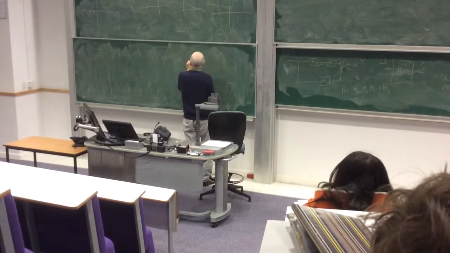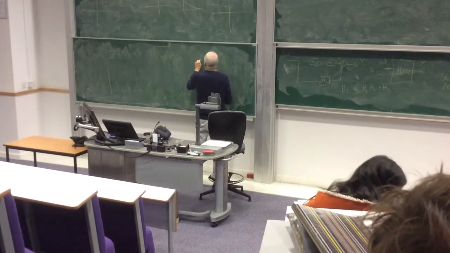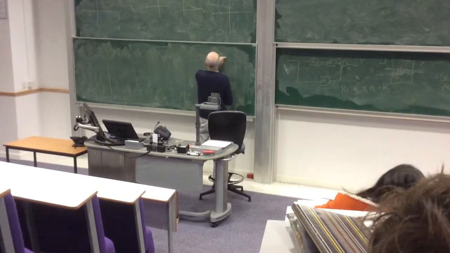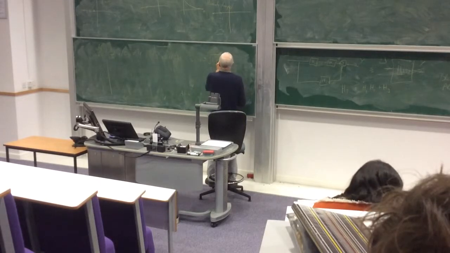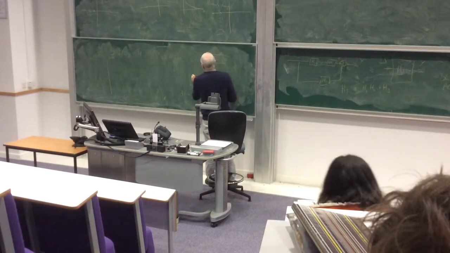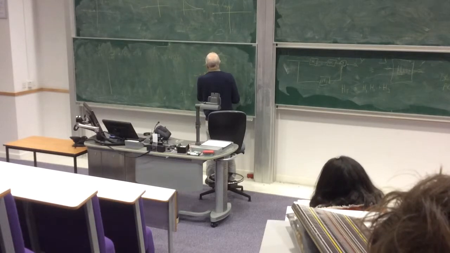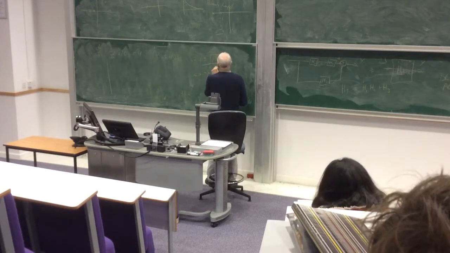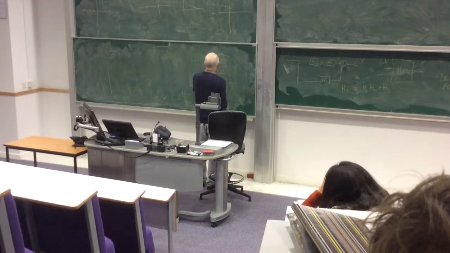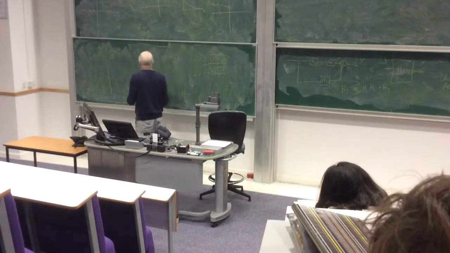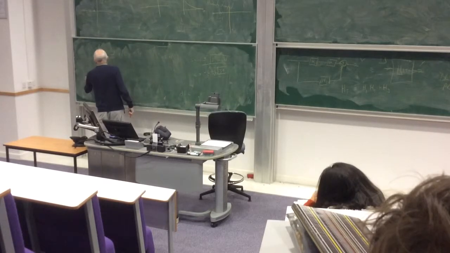So s equals minus b plus or minus the square root of b squared minus 4ac, which is 1 minus 40, over 2. So s is equal to minus a half plus or minus root 39 over 2, times j, because that's the square root of the negative number. So here we now have complex poles.